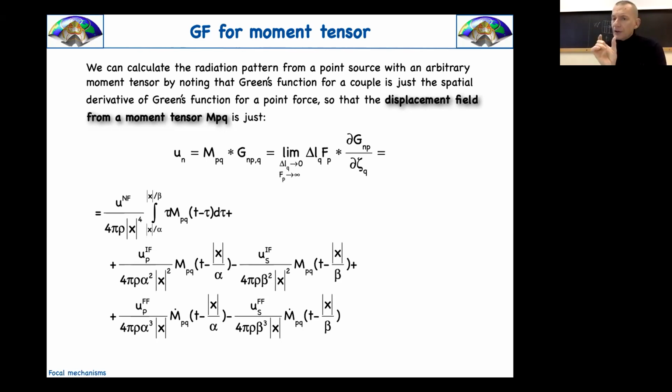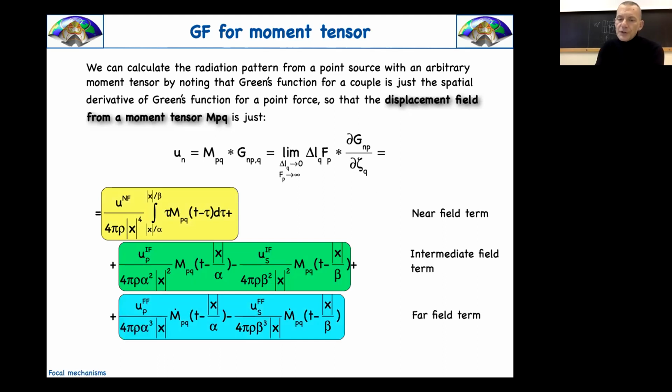And the spatial derivative means that we are considering a force in one direction and an arm in the q direction. And with this additional operation, the expression that we're looking for is on this slide, that is one of the conclusions of the last lecture.